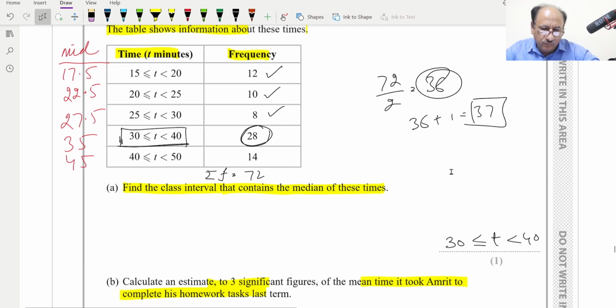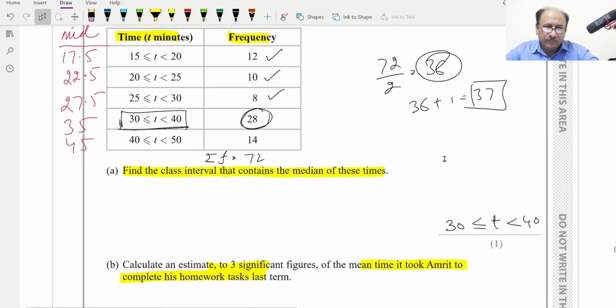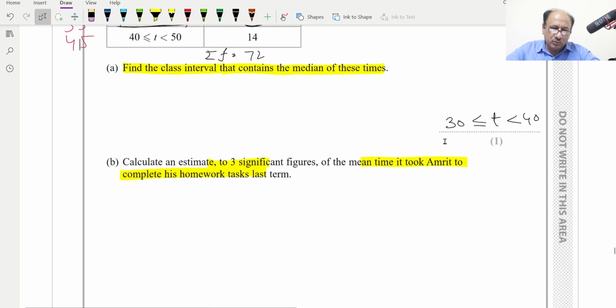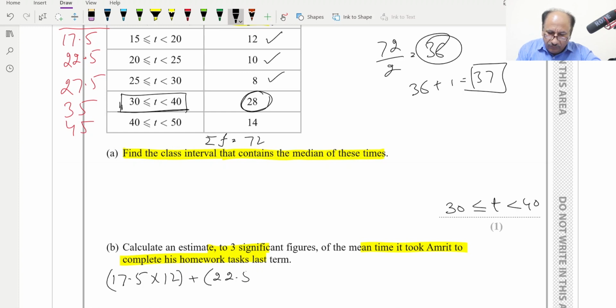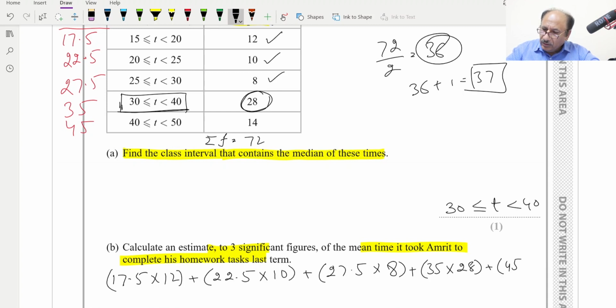After calculating the mid value, we will multiply it with the frequency, add them, and then divide. So the first one will be 17.5 multiplied by 12, plus next 22.5 multiplied by 10, plus 27.5 multiplied by 8, plus 35 multiplied by 28, and the last one 45 multiplied by 14, and this is divided by 72.